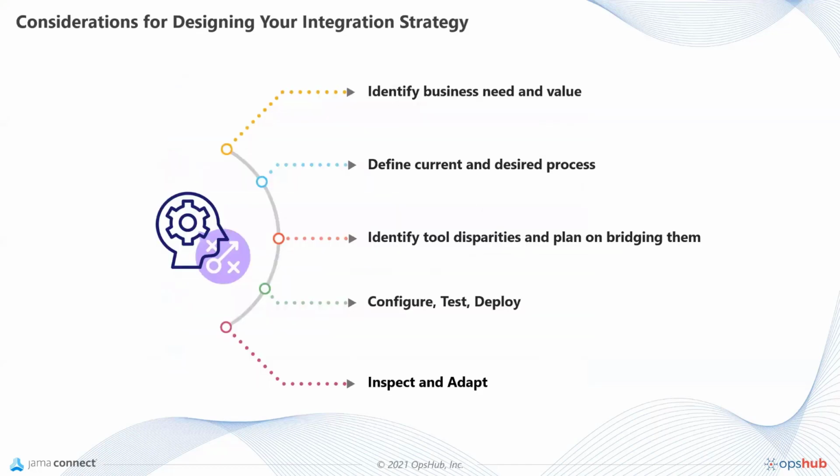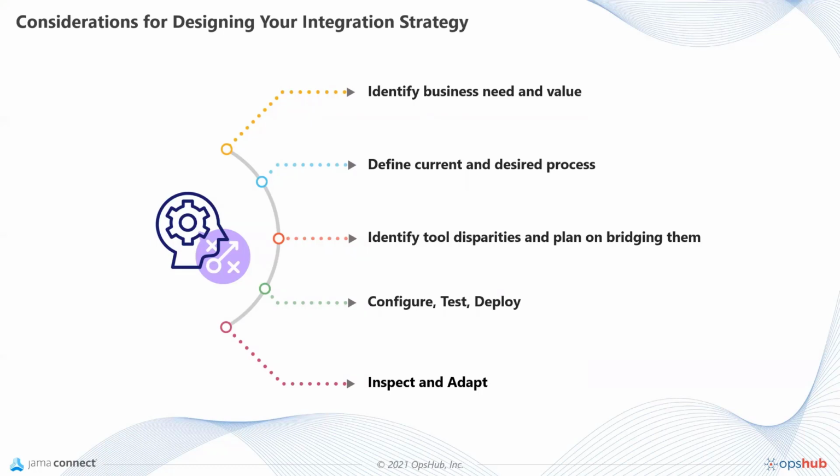When we talk about things to think about when designing your integration strategy, there are a number of things that may seem obvious here, but really identifying your business need and value, what you'll get out of this integration. A really important step is defining your current process and what your desired process will look like, because that will shape how you want to get these tools integrated together.